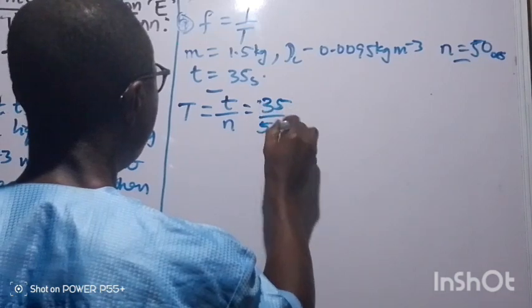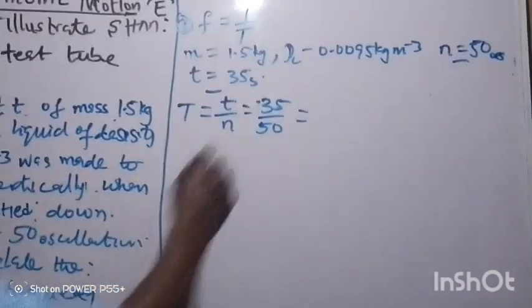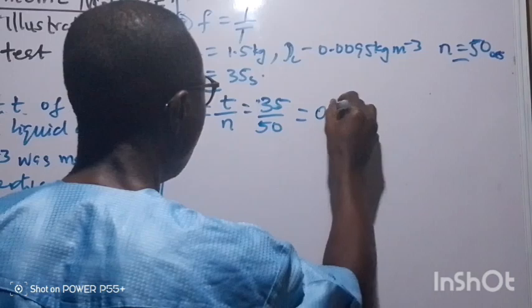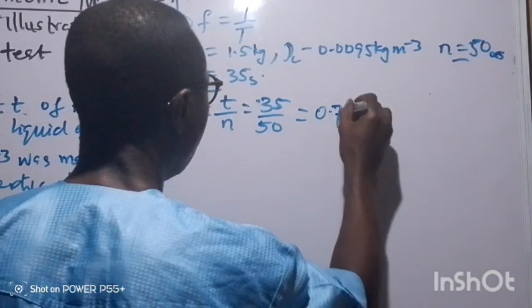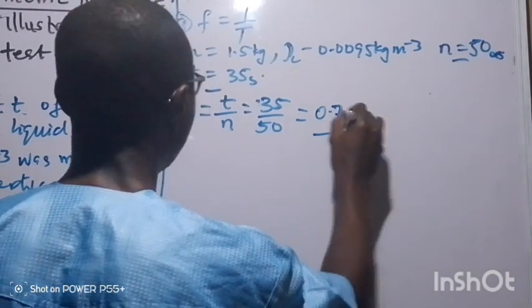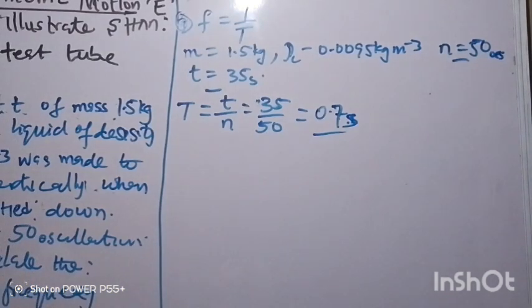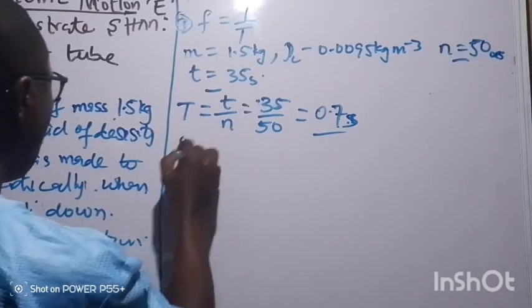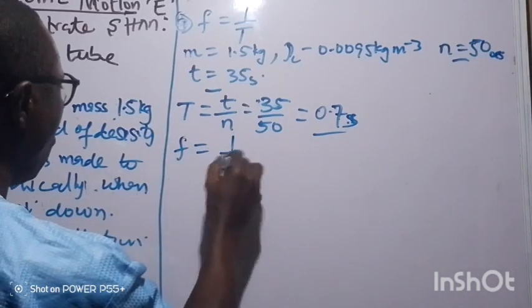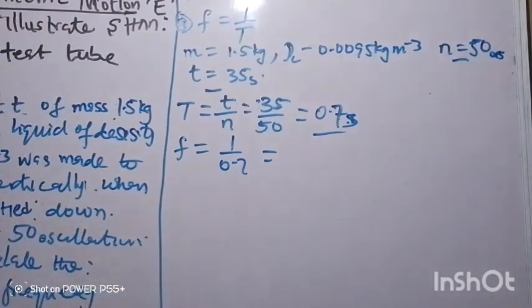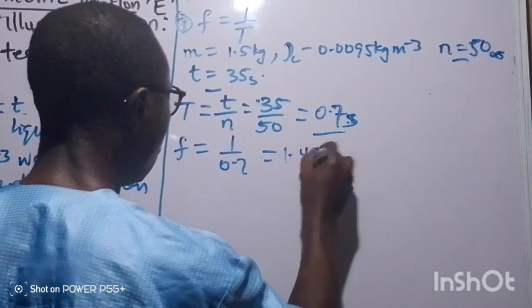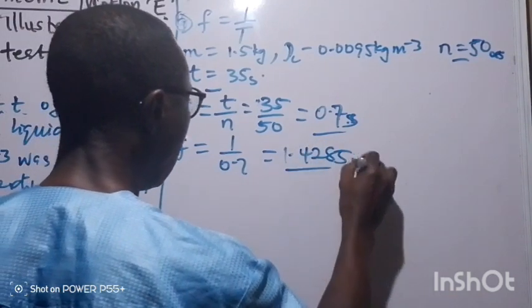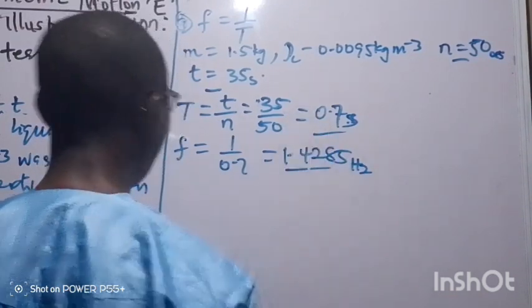Now, capital T is equal to 0.7 seconds. We have to calculate the periodic frequency. So our F now is equal to 1 over 0.7, which will give us 1.4285 hertz, or per seconds. That's the unit of frequency, hertz.